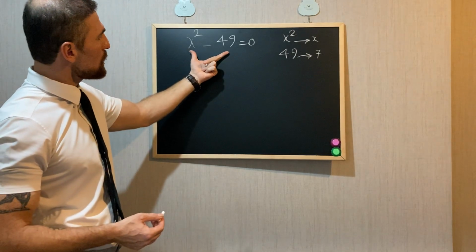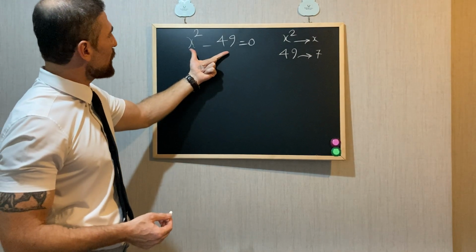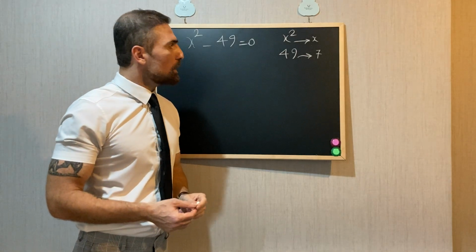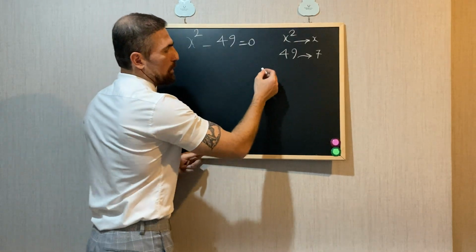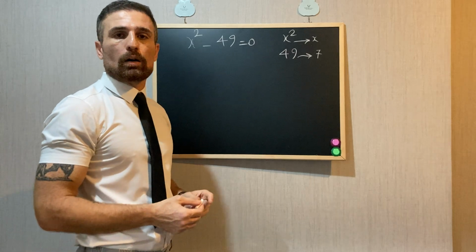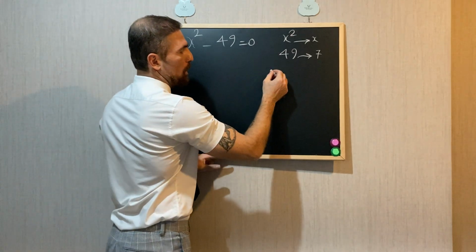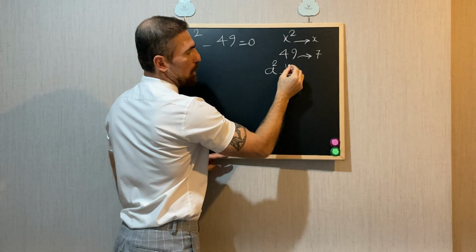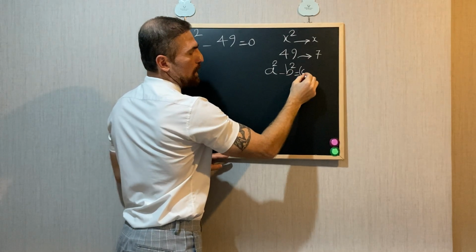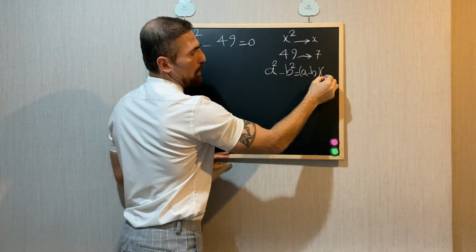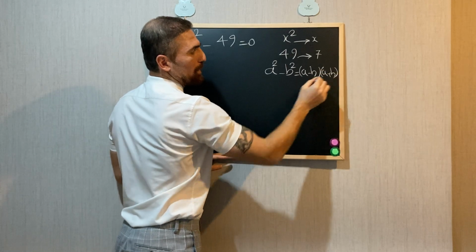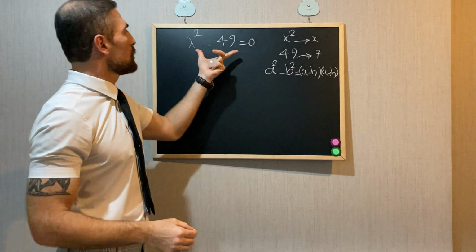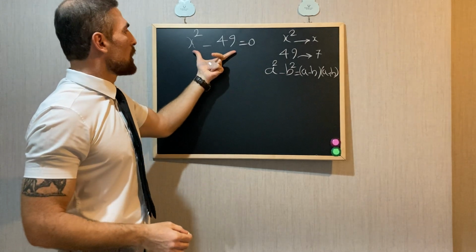But at first look, I remember an algebraic identity called the difference of two squares. We have a squared minus b squared equals a minus b times a plus b. We are going to use this formula to factor this equation.